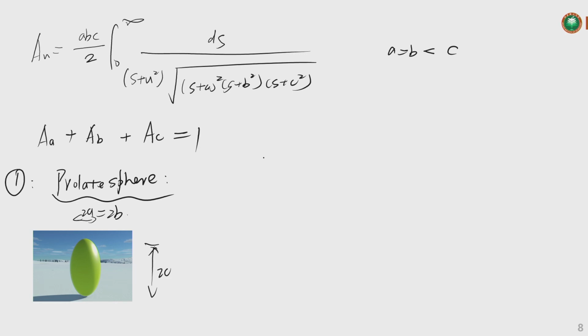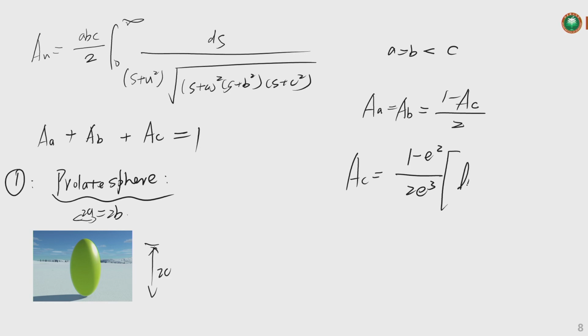So that means the depolarization factor A equals depolarization factor B equals one half of 1 minus depolarization factor C. All right, 1 minus AC divided by 2. And then AC is how much? AC equals (1 minus e squared) over e squared times (ln((1 plus e) divided by (1 minus e)) minus 2e). And e, the small case e, is the ellipsoid eccentricity.